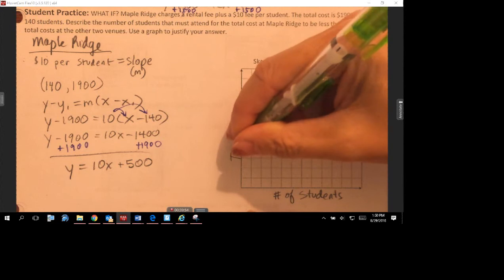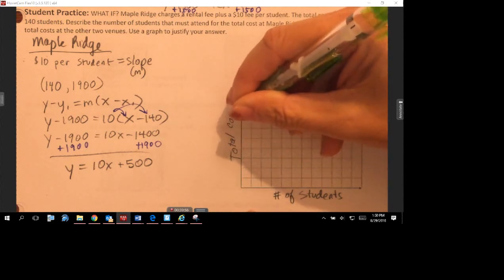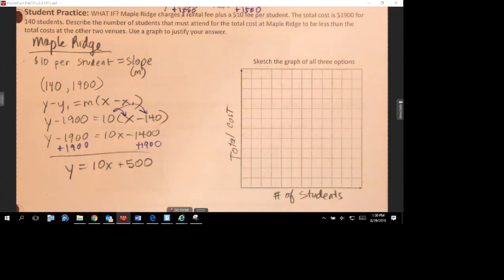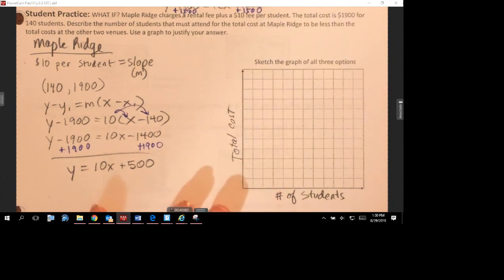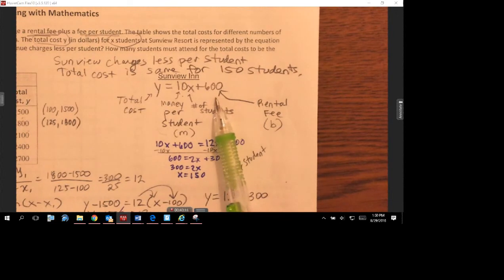Total cost. Let's look at our y-intercepts for each of these. What does the y-intercept mean for the 500 here? We talked about it up here. What is the 600? What is that y-intercept? That's a rental fee for just having the room.